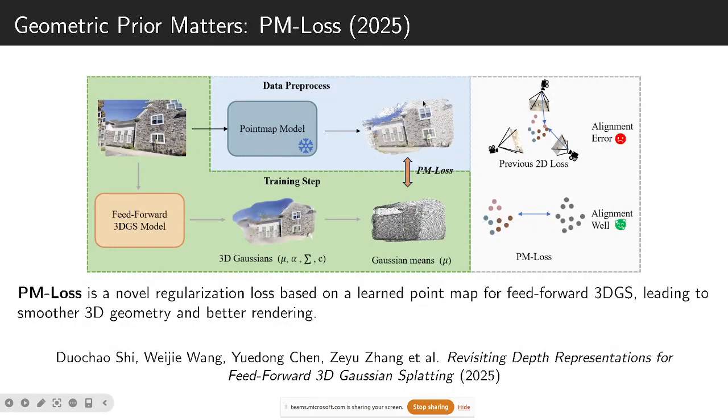And another perspective is that we just mentioned geometry priors, and geometry priors really matter for feed-forward reconstruction methods. Currently, like 99% of feed-forward reconstruction models rely on a certain type of geometry prior, which is depth.